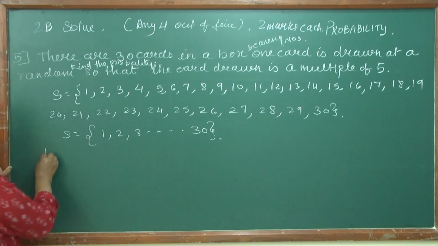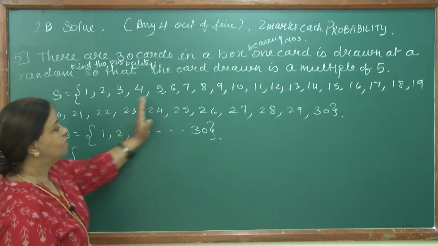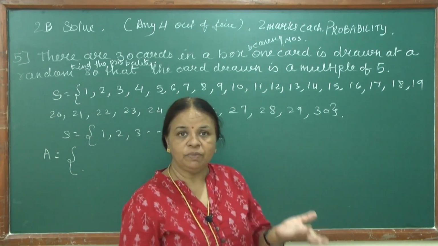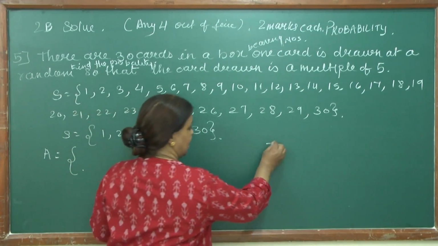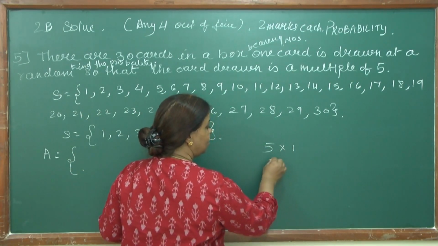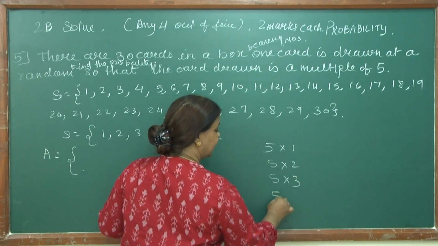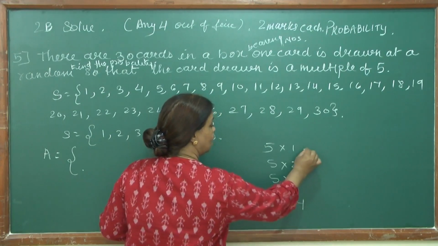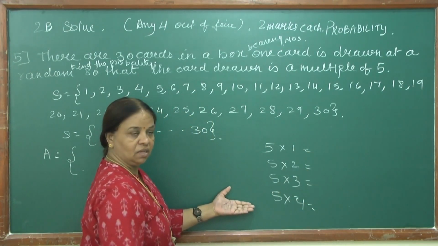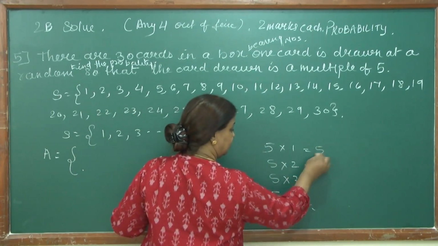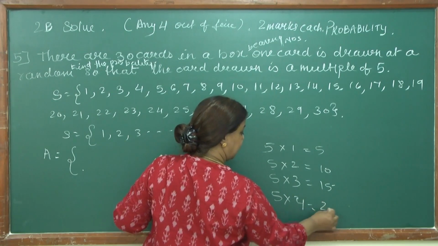So let A be the event. What will be in A? All the numbers which are multiples of 5. What do you mean by multiple of 5? It means if I take 5 and multiply it by integers, the numbers which I get are multiples of 5. 5, 10, 15, 20.